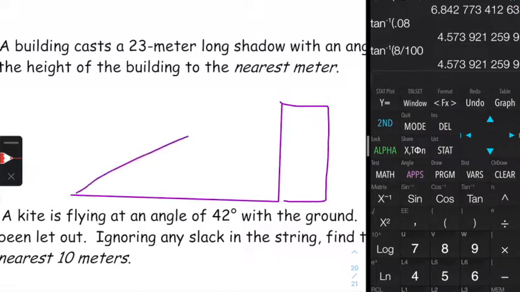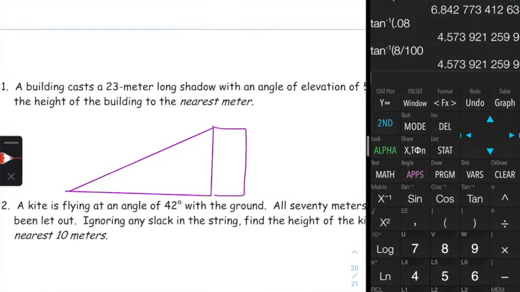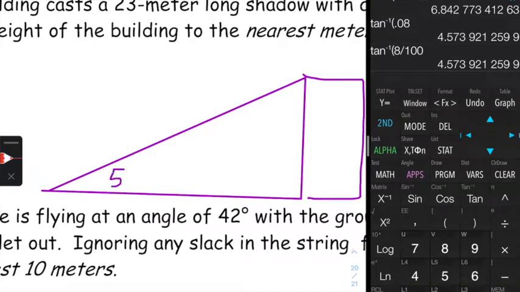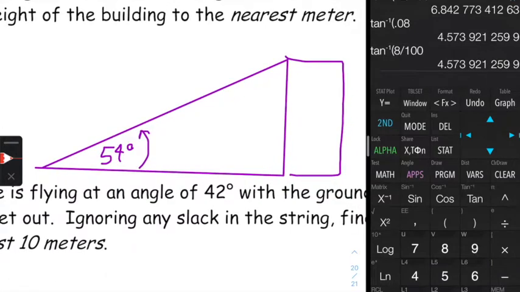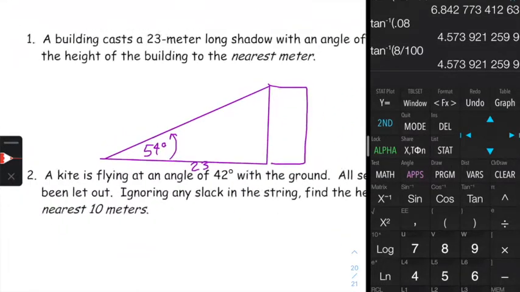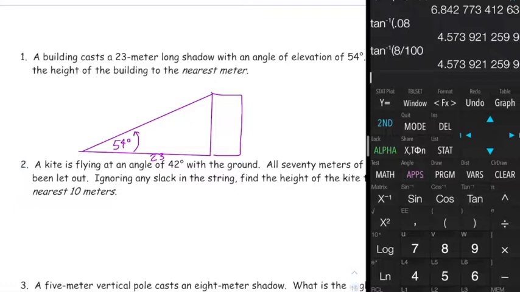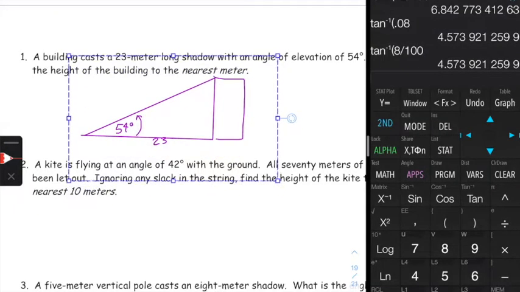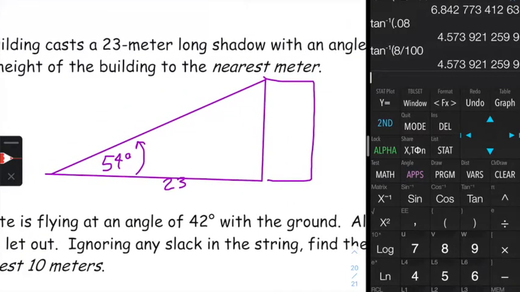And the angle of elevation to the top of that building was 54 degrees. Remember, angle of elevation needs to start at the horizontal and be how many degrees up you're going. The shadow is 23 meters long, so let me write that in. They are asking for the height of the building, which means you need to find this dimension right here.